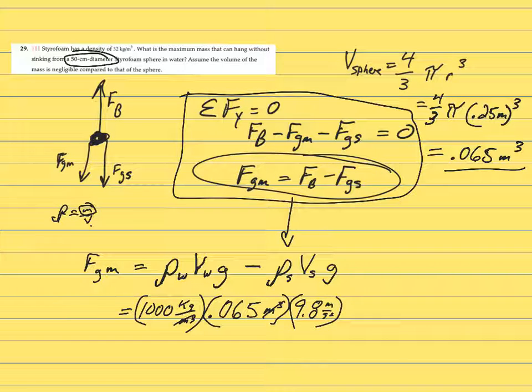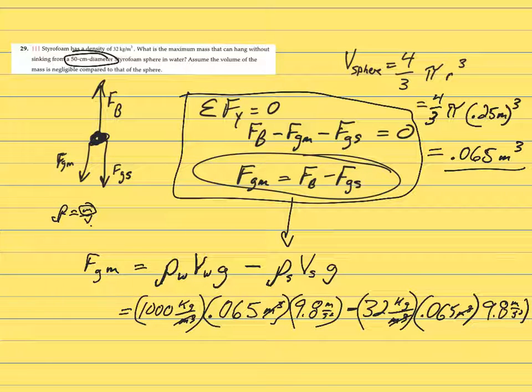What's a kg multiplied by a meter per second squared? Yes, it's a Newton. The density of styrofoam, I thought they told us it was 32 kg per m cubed. And that volume of the sphere is the same because it will displace the same amount of volume of water once it's submerged. And 0.065 meters cubed, and now I have 9.8 meters per second squared.